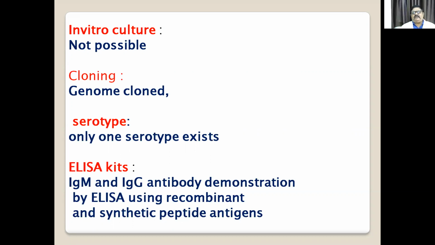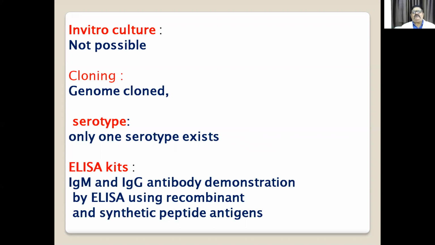So are you happy, unhappy, or indifferent? As a microbiologist, I am very happy if there is only one serotype, because it is possible to develop a good vaccine. ELISA kits: IgM and IgG antibody demonstration by ELISA using recombinant and synthetic peptide antigens.